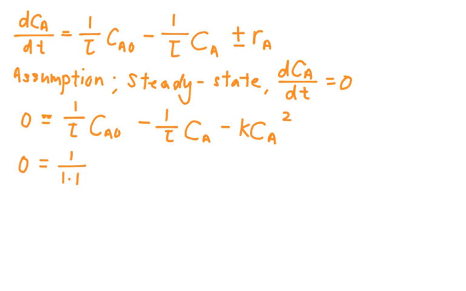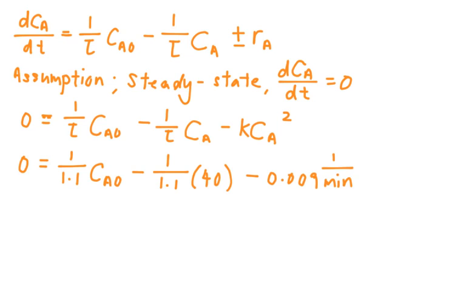Tau value is given as 1.1, concentration CA0 is unknown, minus, again tau value 1.1, concentration of pollutant A exiting from the system is given as 40, minus the K value, which is given as 0.009, but it is in terms of per minute, so do not forget to convert it into per hour because you want all the units to be consistent.